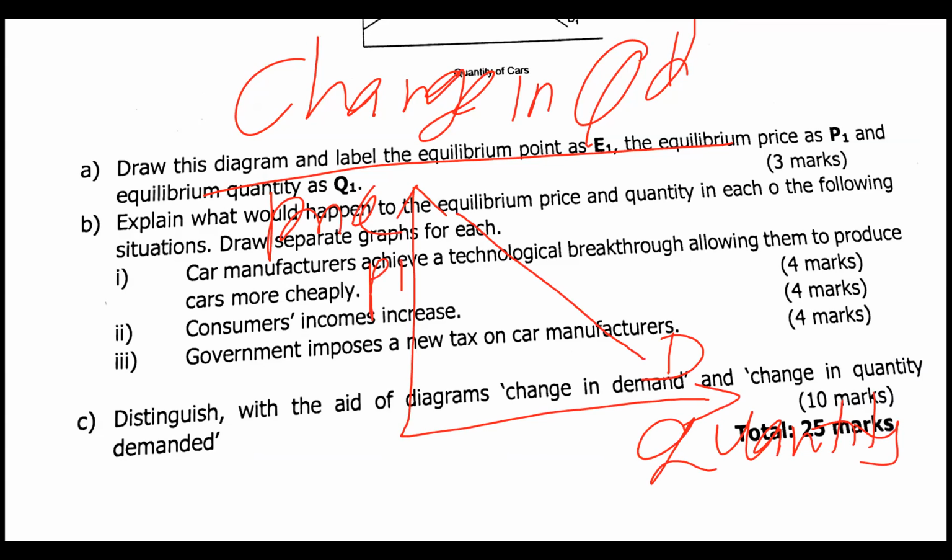Price 1, quantity 1. If your price reduces, changing to price 2, then quantity will increase to quantity 2. This is how you depict the concept of the change in quantity demanded. You can see that only quantity is changing because price is changing. The price is the influencing variable, or the explanatory variable.